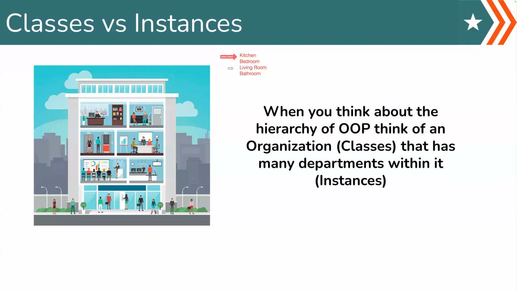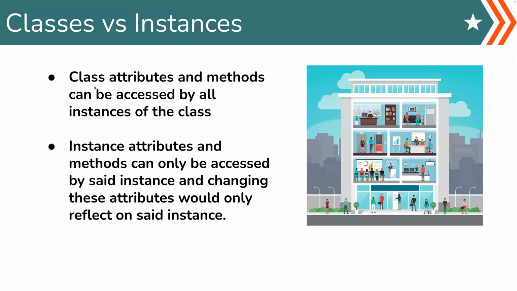So each individual apartment, each instance of a class, has its own versions of things, but then we can still have some things that are universally shared and the same for all instances of a class. And so the terms class attribute, instance attribute, or excuse me, class attribute, class method, that's what we're going to be talking about here.